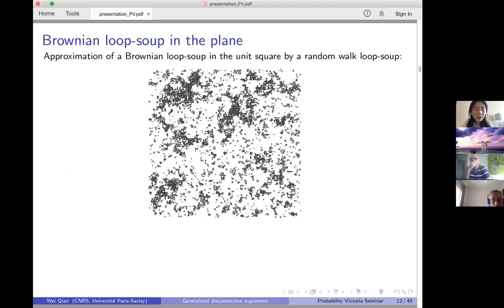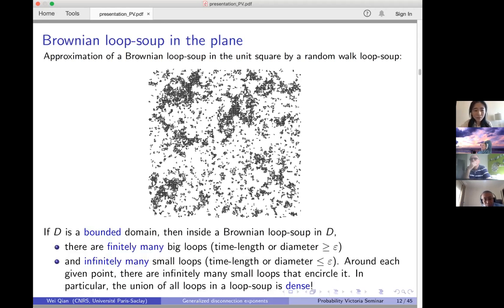So here I show a simulation I made of a Brownian loop soup in the unit square, approximated by a random walk loop soup. You just add loops into the unit square. And I want to remark that if D is a bounded domain, then inside a loop soup in D, there are finitely many big loops.